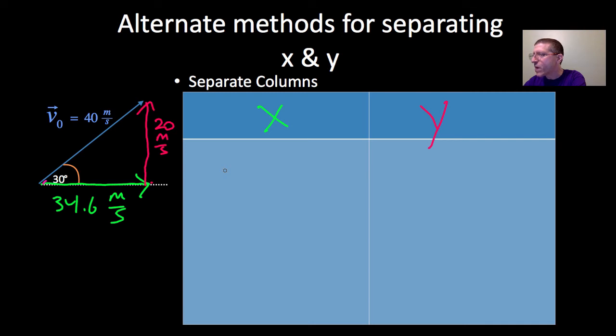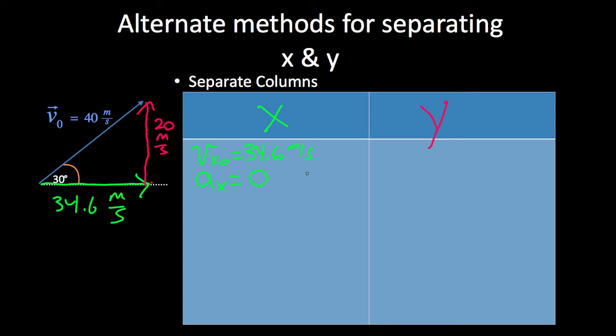But if I was going to do this as a problem to find out, let's say, where this thing's going to land, here's how I would do it. I would start off with figuring out my givens. In the x direction, I've got Vx initial is 34.6 meters per second. And because I also know that the acceleration in the x direction, notice there's not any initial or final in a situation of constant acceleration, I can just put ax, but note that ax for projectile motion problems is 0.